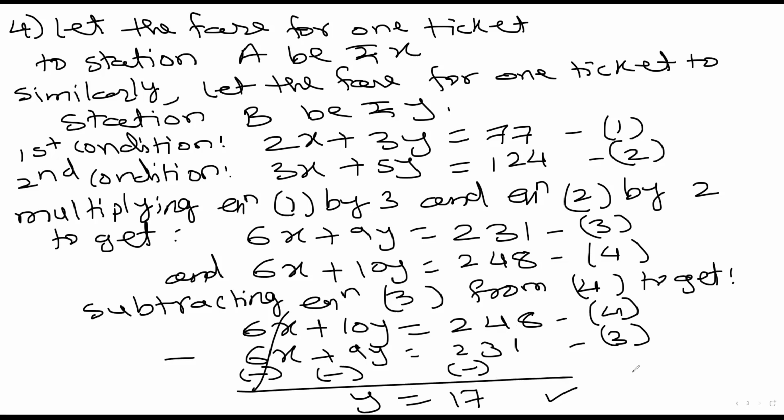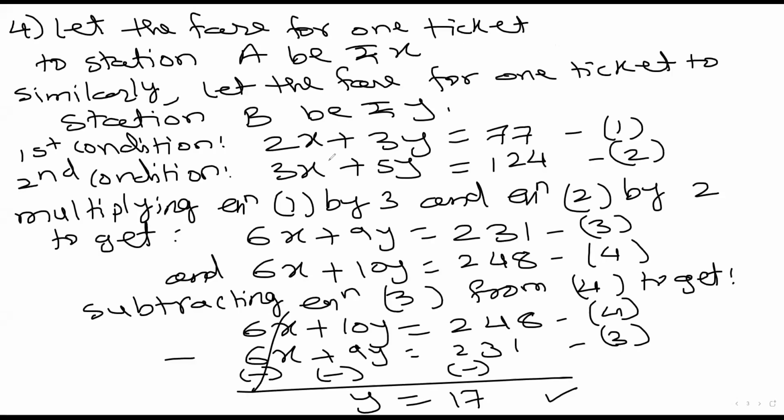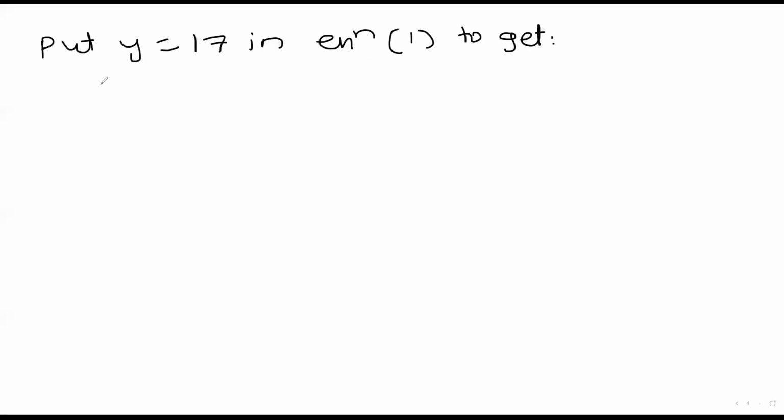So if y is 17, you can substitute the value of y in equation 1, which is easier to solve, and find the value of x. Put y is equal to 17 in equation 1 to get, what do you get? 2x plus 3 into 17 is equal to 77.